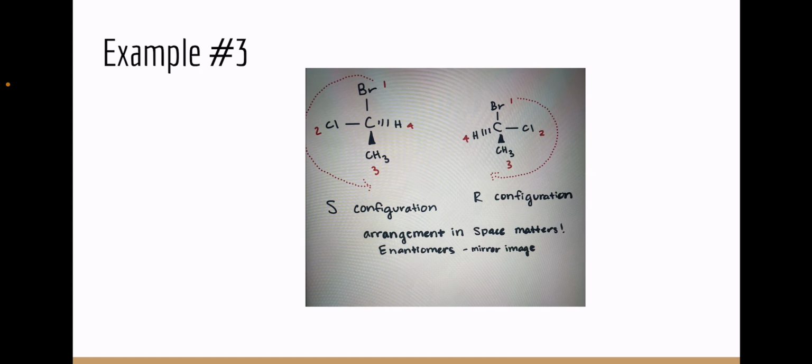The hydrogen is oriented away from us, so going counterclockwise, the one on the left would have an S configuration. When it is mirrored on the right side, the configuration changes to an R configuration. It is now going clockwise. So the arrangement in space does matter when you are looking at these molecules.